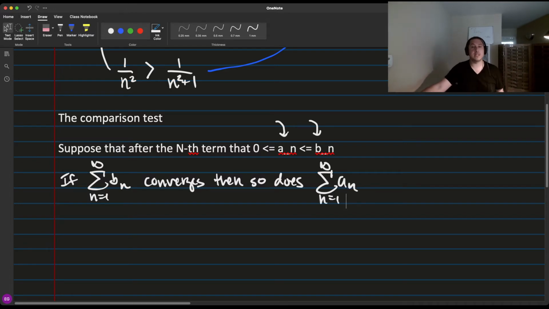This is basically the idea that if you're adding a bunch of terms from your sequence bn and they converge, and you're also adding terms from some other sequence an and they're all smaller, they should add up to something less. Now it also goes the other way.